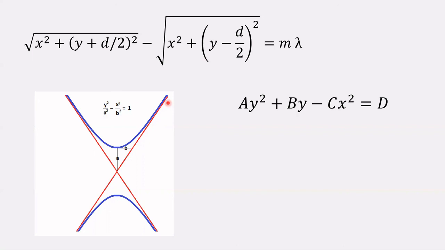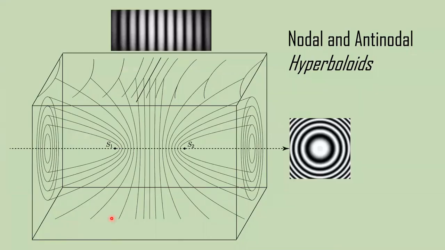In other words, just revolve these hyperbolas about an axis through the 2 sources, and you're talking about a hyperboloid of revolution. That's really what the nodal and antinodal surfaces would look like in 3 dimensions. And your book doesn't present that.